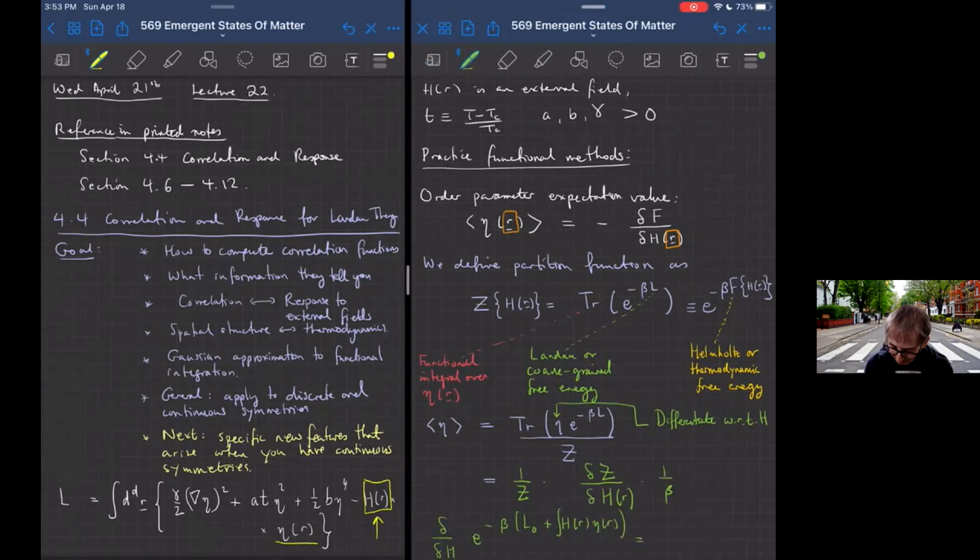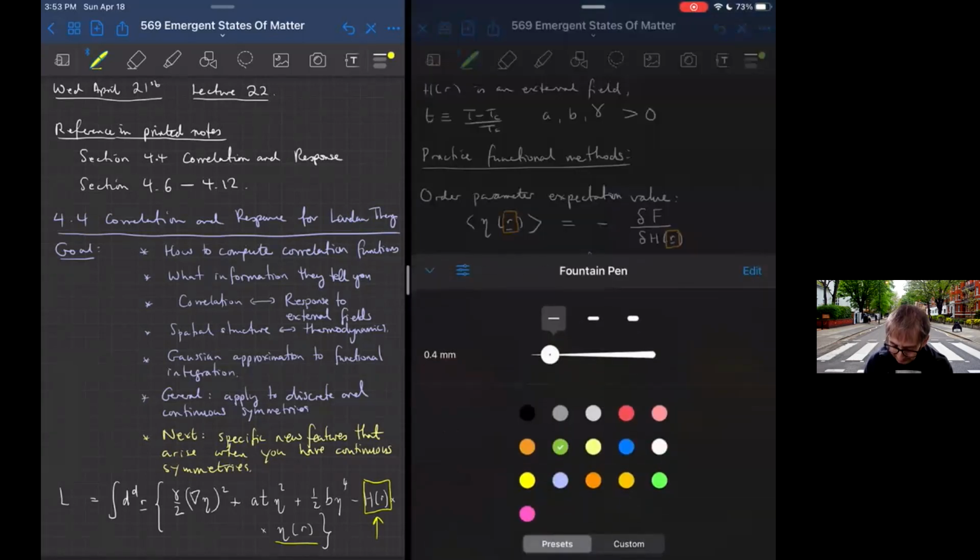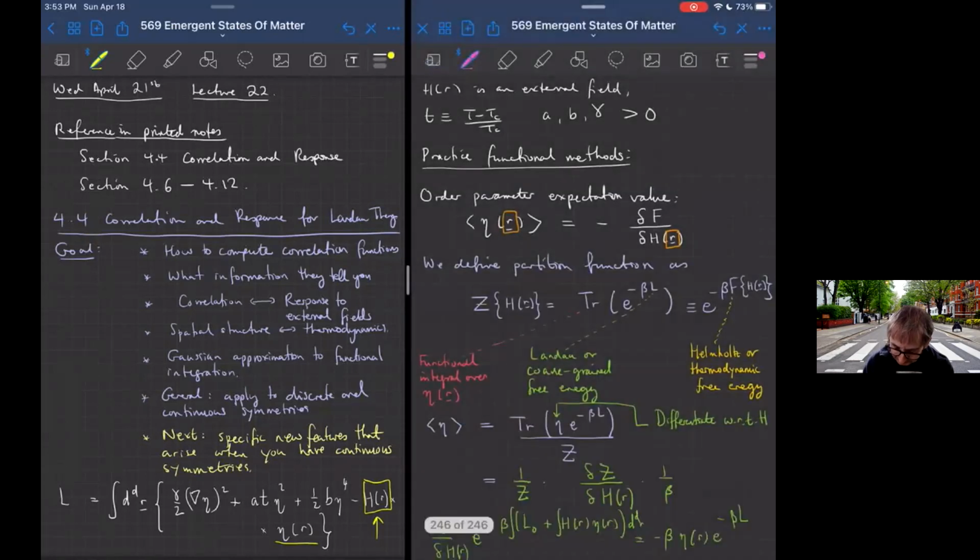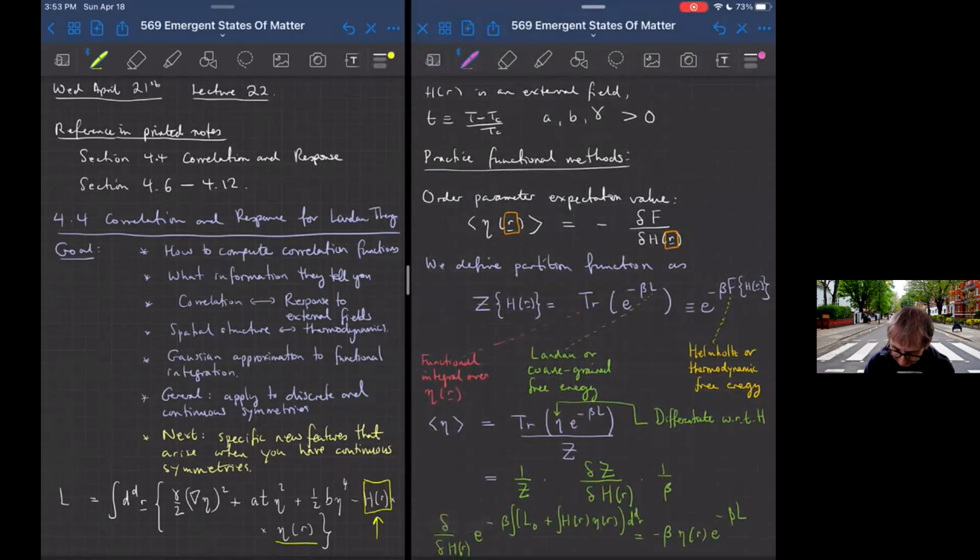And so what that's going to give you is minus beta times eta of r, and this is the r that's in here, times the exponential. And so because of that, I can simply write down the expectation of eta is 1 over Z dZ by dh of r.